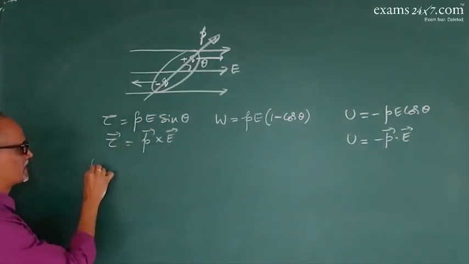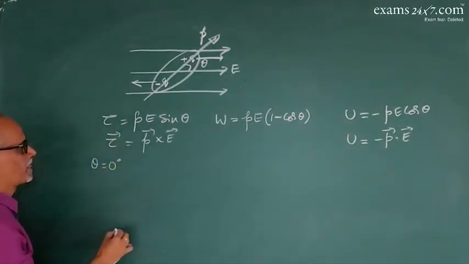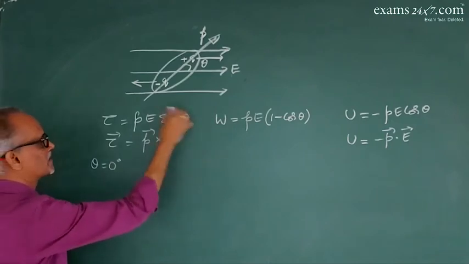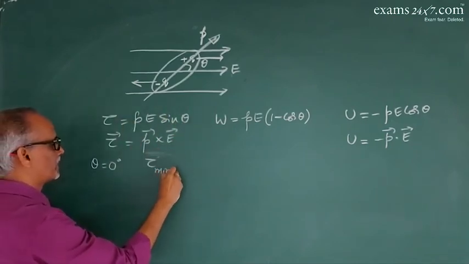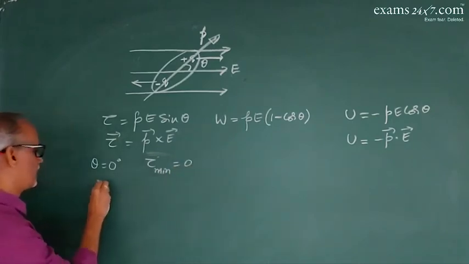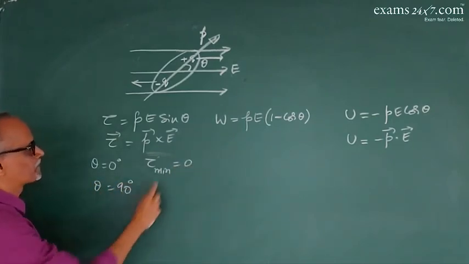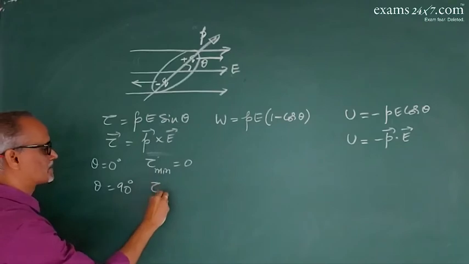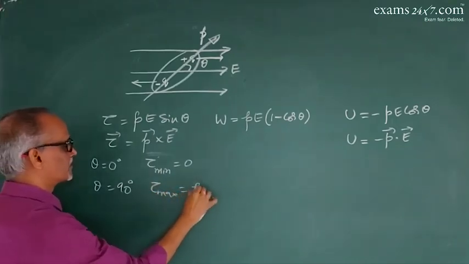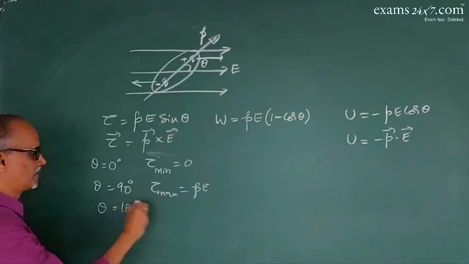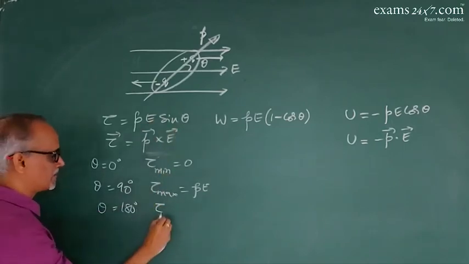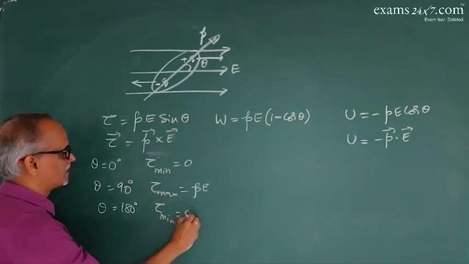And the various cases: if θ = 0 degrees, then sin 0 is 0, so torque is minimum, which is 0. When θ is 90 degrees, sin 90 is 1, so torque is maximum, which is equal to PE. And when θ is 180 degrees, the torque again is a minimum, which is 0.